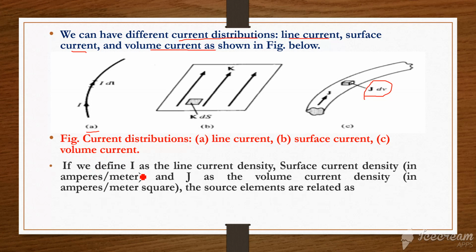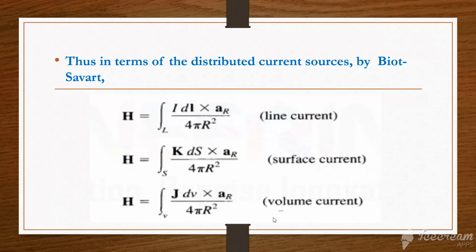If we define I as the line current, K as the surface current density in ampere per meter, and J as the volume current density in ampere per meter square, the source elements are related as IDL is equal to KDS is equal to JDV.